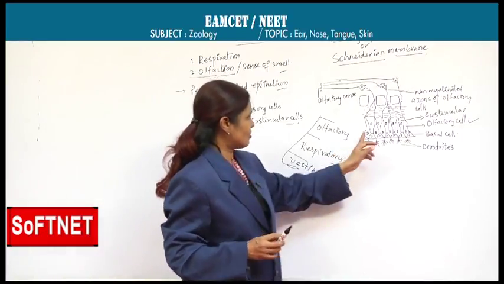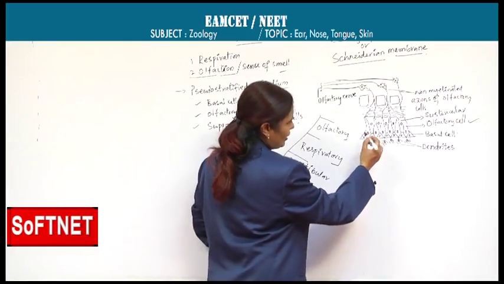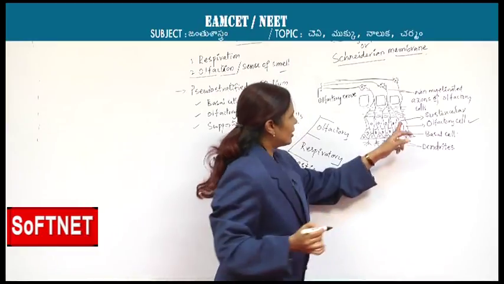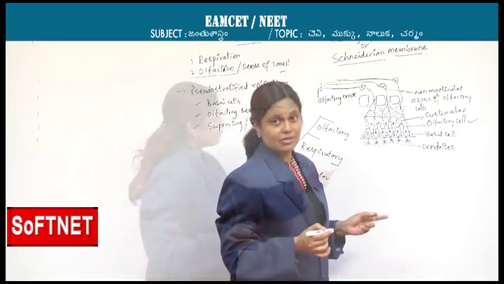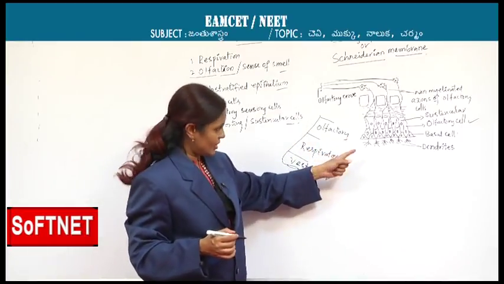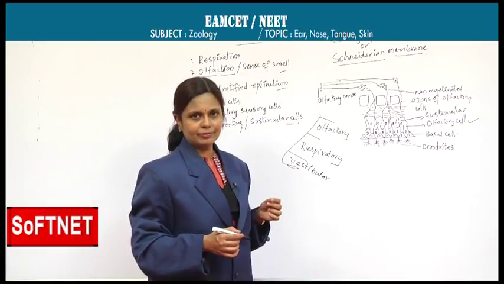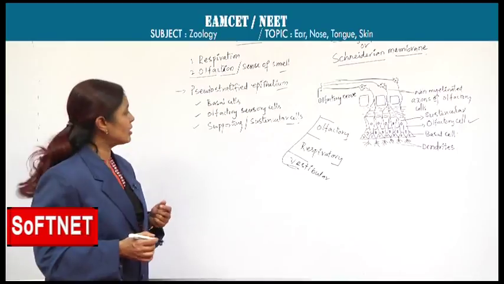Now, let us discuss only olfactory cells here. Let us say these are the olfactory cells present in between the sustentacular or supporting cells. Each olfactory sensory cell is a bipolar sensory neuron. What do you mean by bipolar sensory neuron?